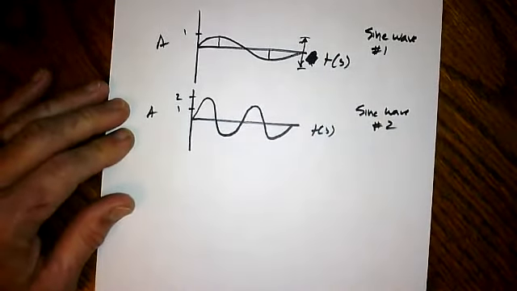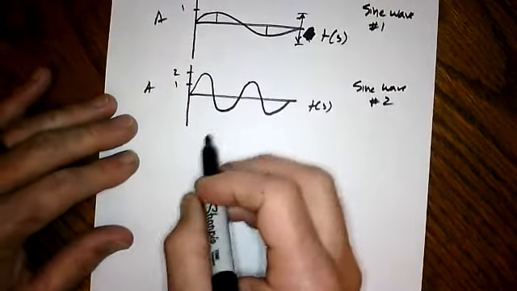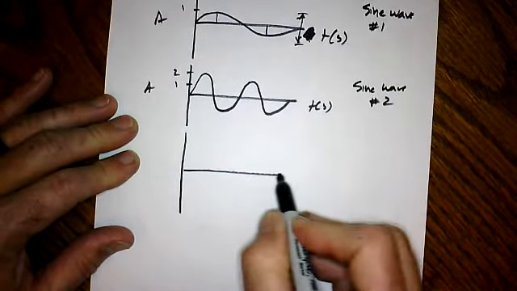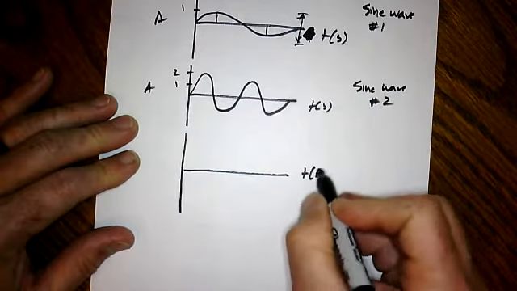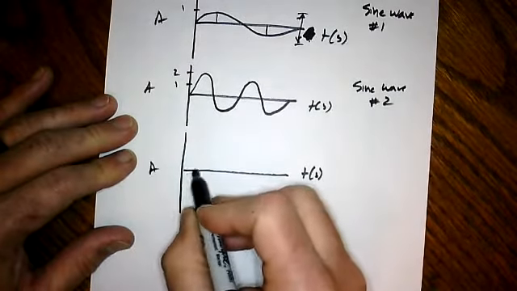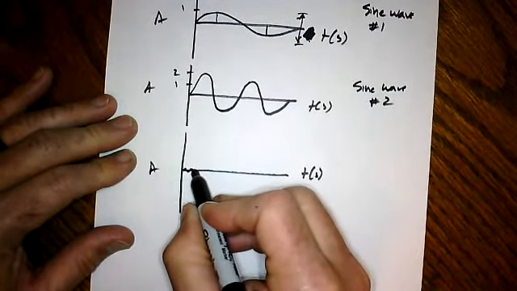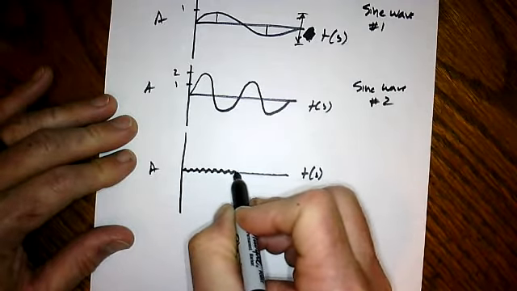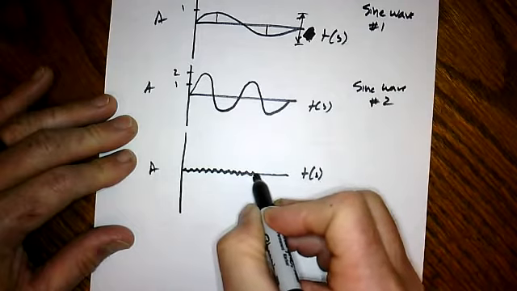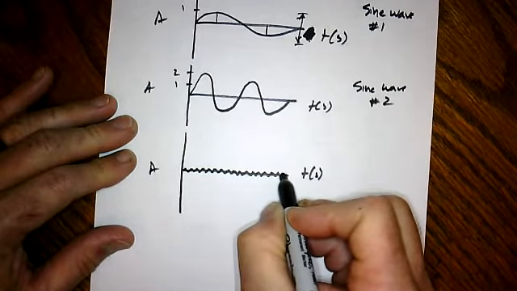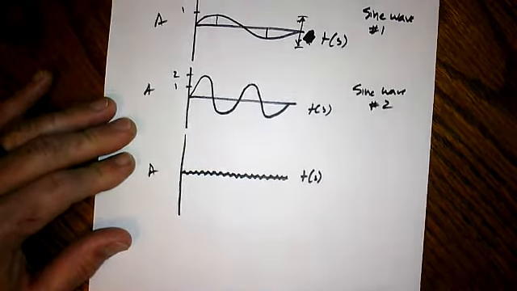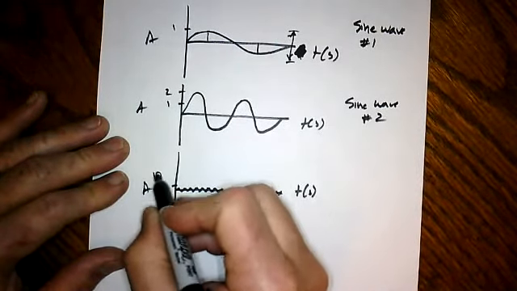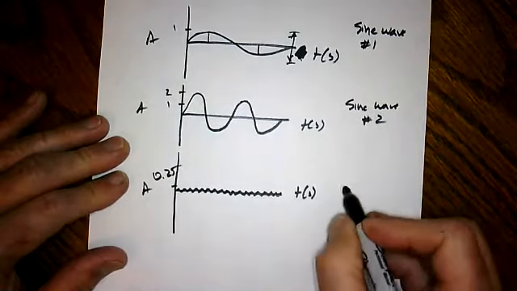And then maybe I have another sine wave, and I'm going to make this really small amplitude, but a high frequency, meaning it's going to repeat a lot more cycles in the same time period. So maybe we make this 0.25, just for sake of.